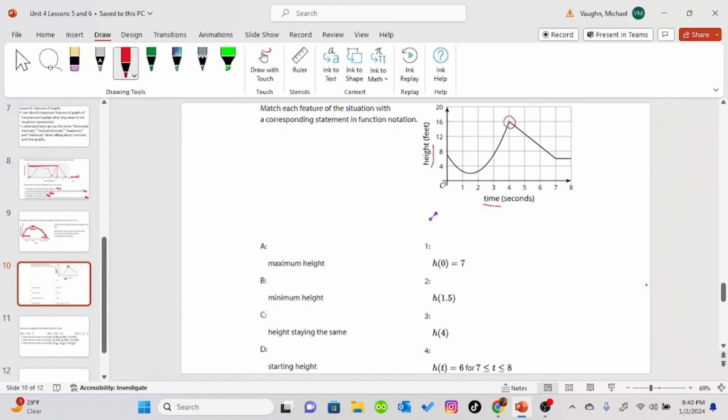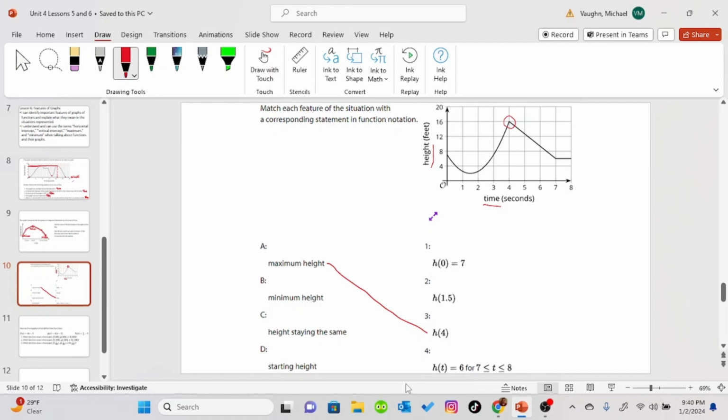That happens when the time is 4. So if I was matching this up, the maximum height happens when the function has an input of 4 seconds. So A matches 3.